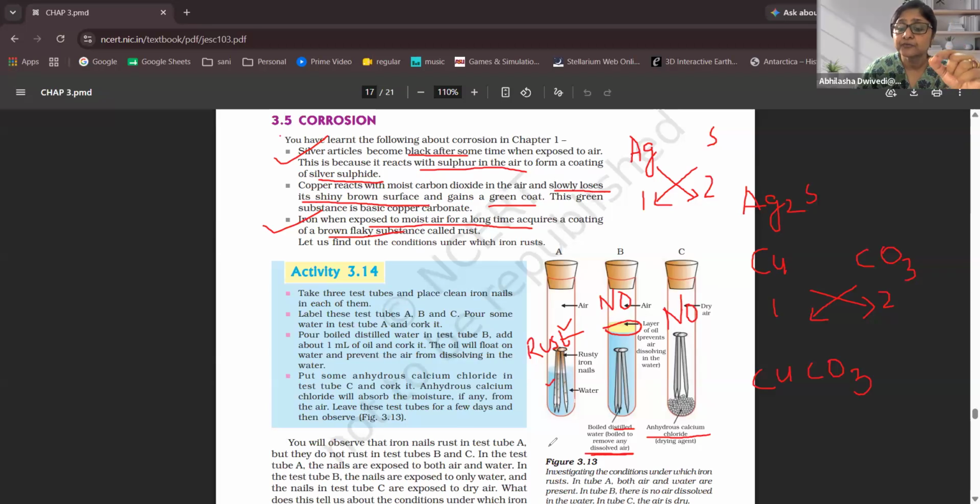This activity proves that for rusting, air and water both are required, and then only will you observe the rusting phenomenon. This is something very important. As I said, you have learned this in the first chapter, and here again, because it is an important topic. I'll keep coming back to you with important topics in science. Keep watching. Thank you.